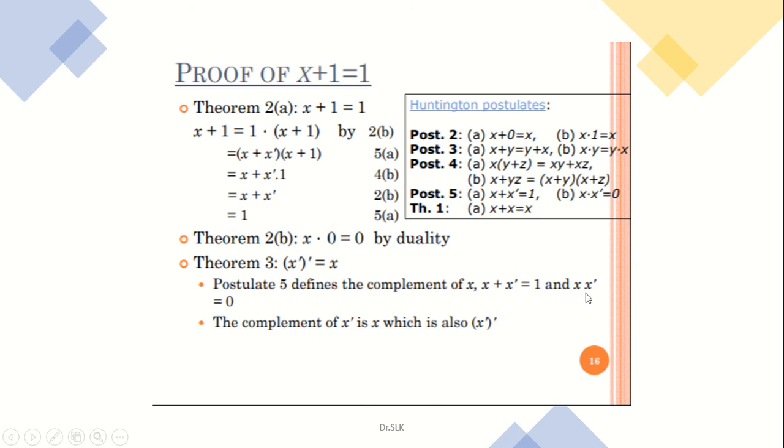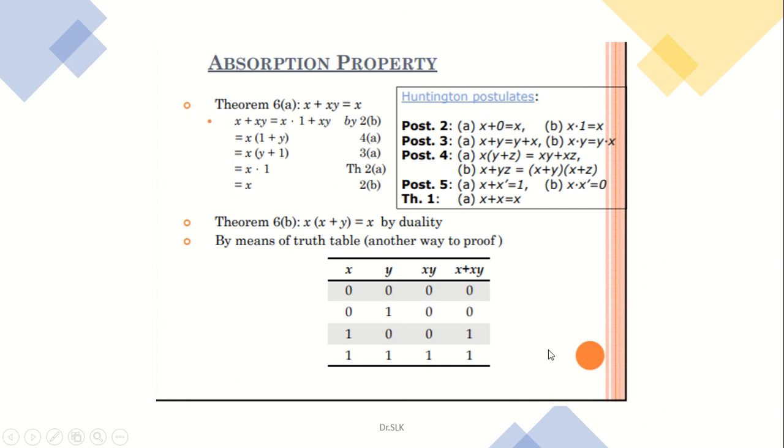When a number x is multiplied with its inverse, it should give the identity element. The complement of x dash is x, which can also be given as x dash the whole dash. Thus the proof. This is the proof of theorem number 3.